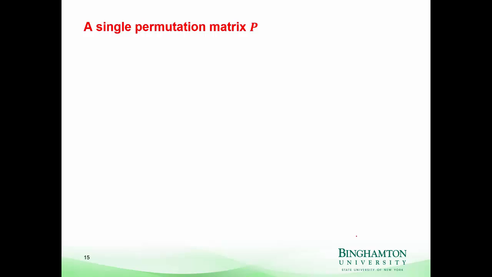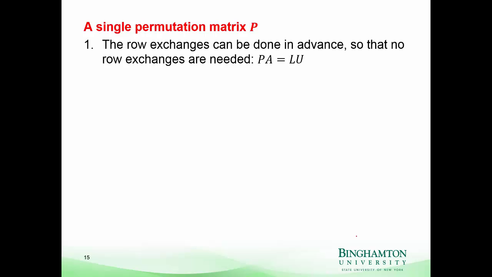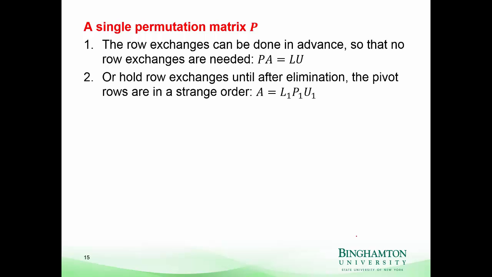And so let's look at two different ways to think about this. We've got a single permutation matrix P, and we can apply that to A first. And then once we've interchanged the rows of A, we can get an appropriate LU decomposition.